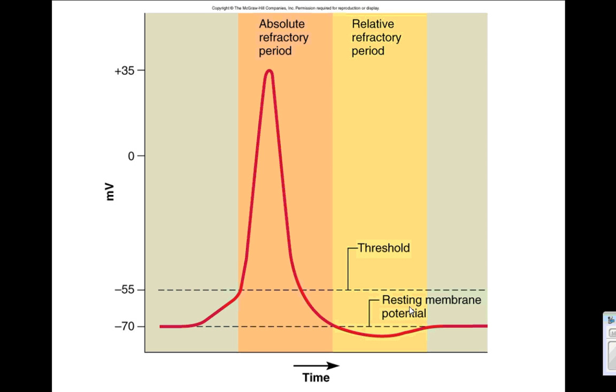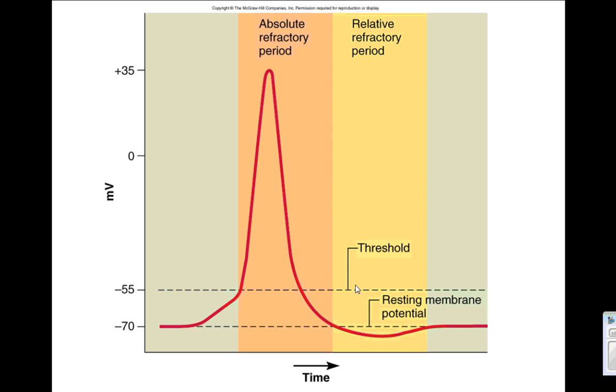Okay. Why does it take a really strong stimulus? Well, think about where we're at this point right here. What was our floodgate? Threshold, right? We're farther away from threshold now than at any point we've ever been. So to get back here has to be a real strong stimulus.